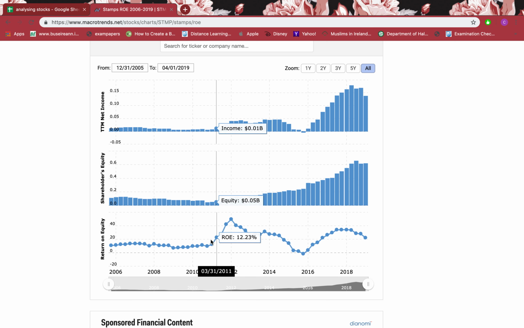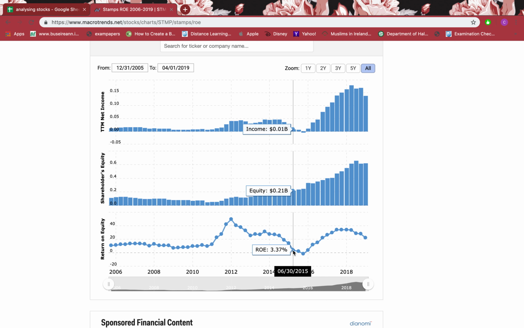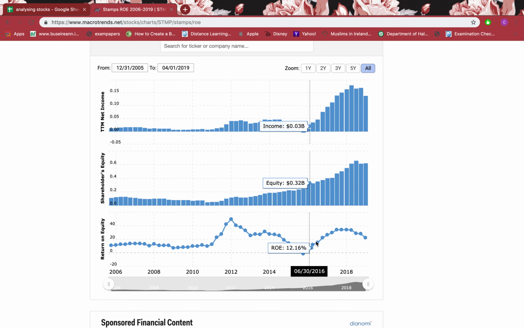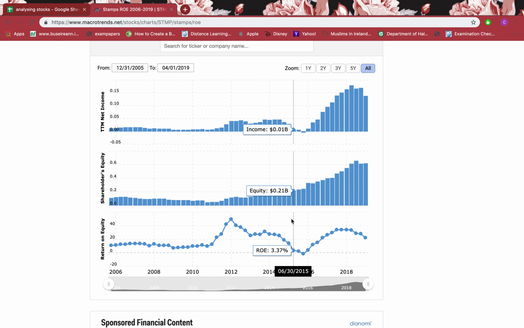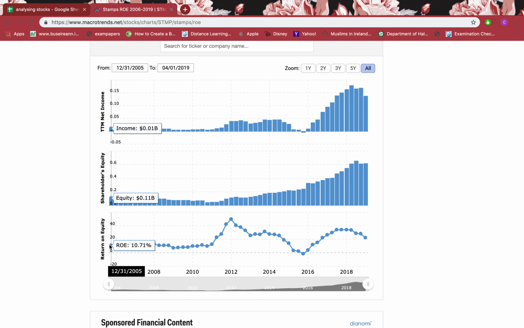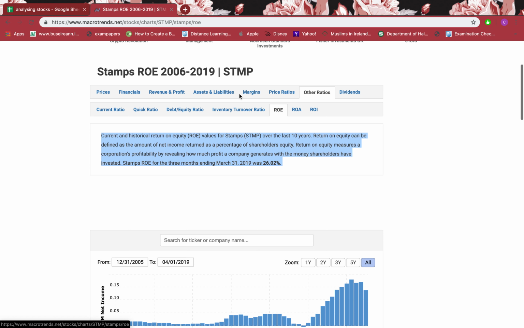It has been up and down, but mainly above 8% until June 2015, and then it got down for a while, and then again it got above 8%. So for nearly one year it was below 8%, but throughout 2005 up till now it has mostly been above 8%. So just one year, I might not be that worried about it.